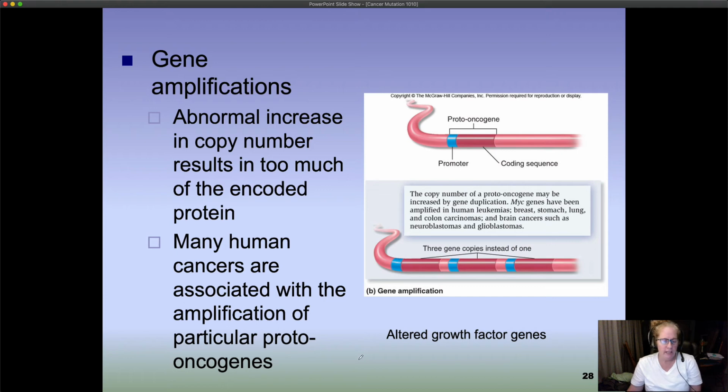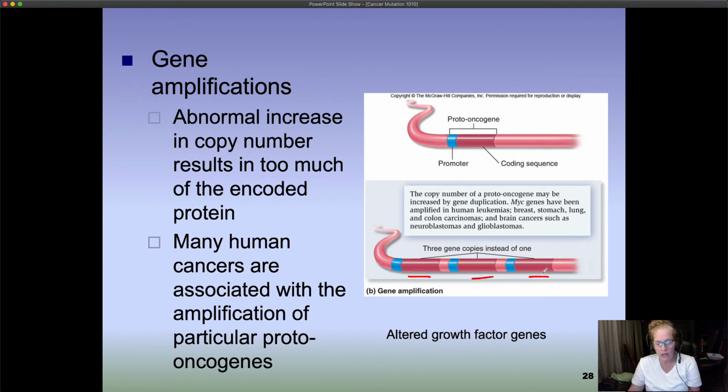In gene amplifications, we can get an abnormal increase in the number of copies of mRNA, and this is going to cause too much of the protein to be produced. For example, what's meant by gene amplification is transpositions, or during replication, RNA polymerase is rushing through, and it makes 3 copies of a gene instead of 1.